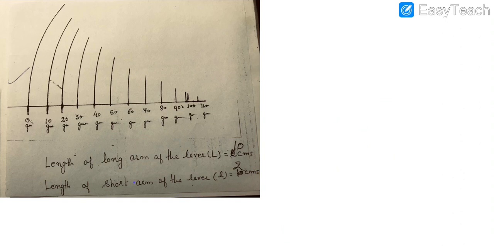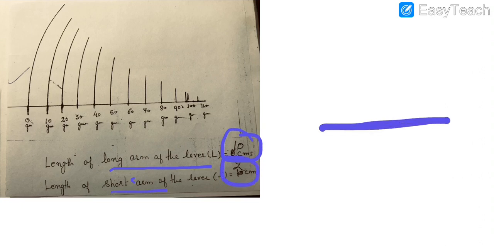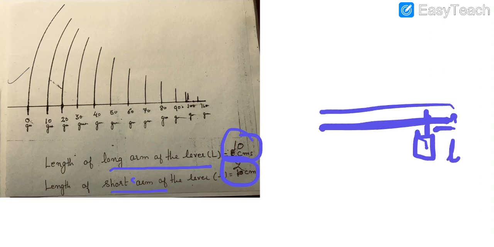The length of the long arm of the lever is 10 centimeter and the length of the short arm is 2 centimeter, meaning this was the long arm and this was the short arm, from where the weight is hung over here. So from this point this is small l and this is capital L. Capital L is given as 10, small l is given as 2, and we will calculate the capital H for 0 gram by measuring the distance from this point to this point.